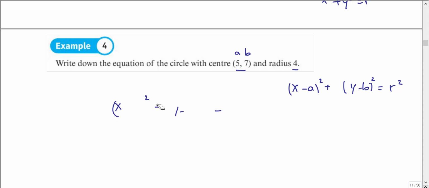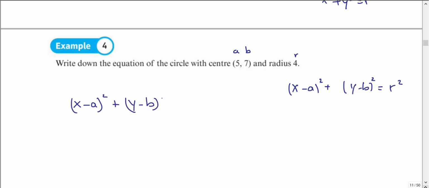Let's check here. Let me erase this. In this question, it's an easy question. It says, write down the equation of the circle with center A and B, and this is the radius. What's the equation? You have to memorize it. X minus A all power 2 plus Y minus B all power 2 equals R squared.